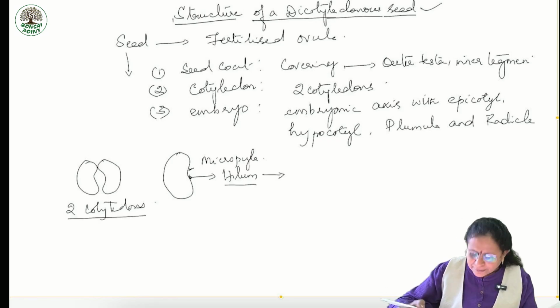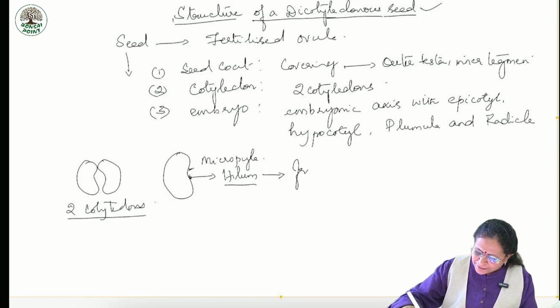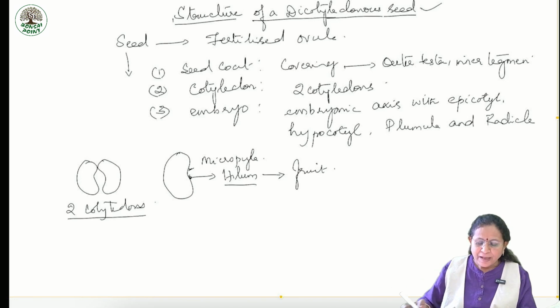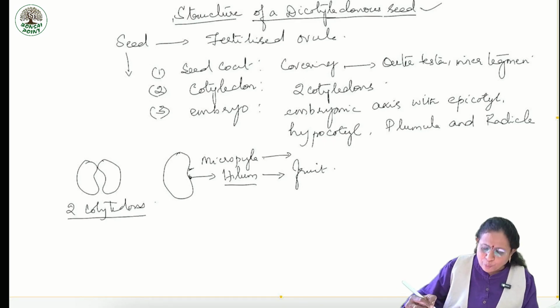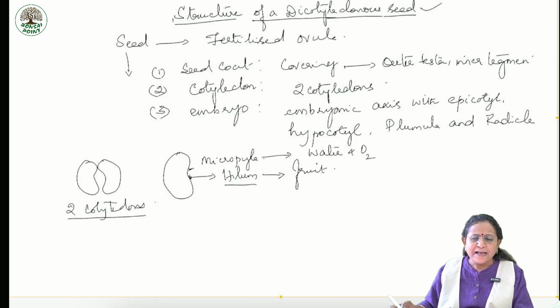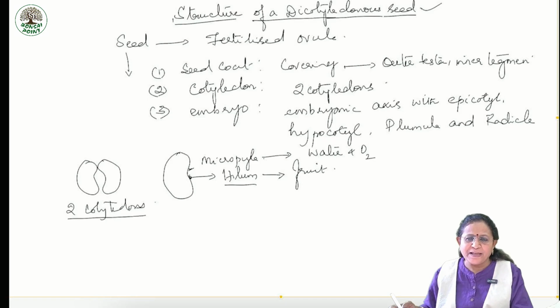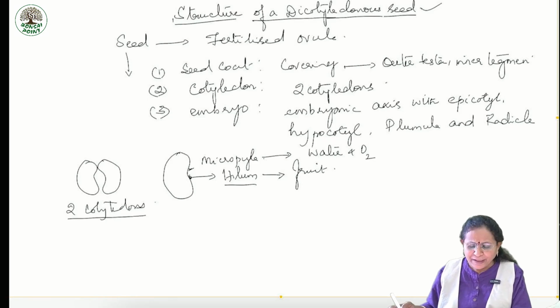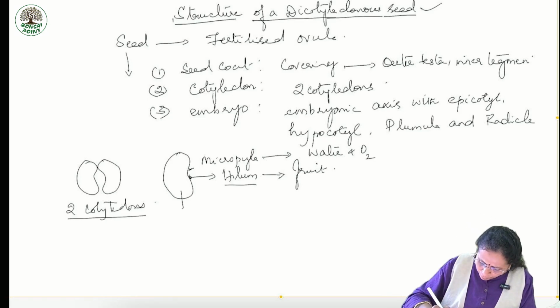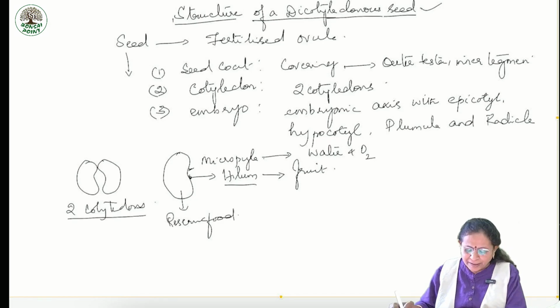With this hilum, the seed attaches to the fruit. Just above the hilum is a micropyle through which water and oxygen enter and facilitate the germination of the seed. This cotyledon is rich in reserve food.